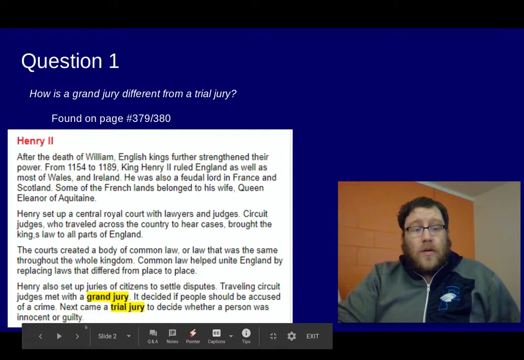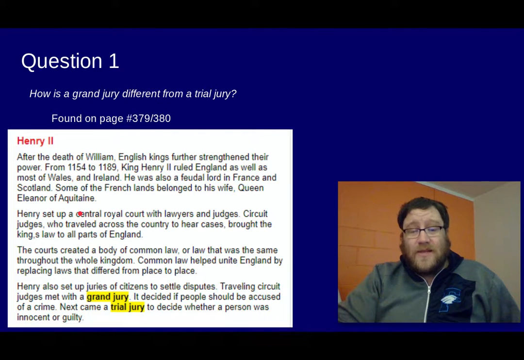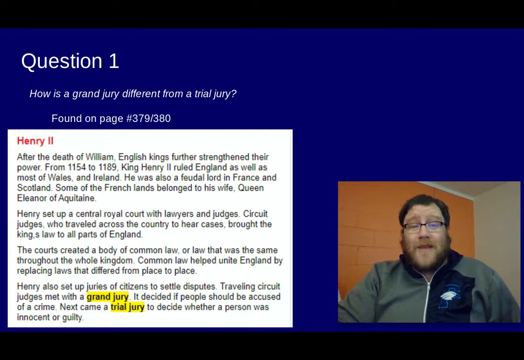We're going to go down to this paragraph here. Henry set up juries of citizens to settle disputes. Traveling circuit judges met with a grand jury, and they decided if a person should be accused of a crime. Next came a trial jury to decide whether a person was innocent or guilty.